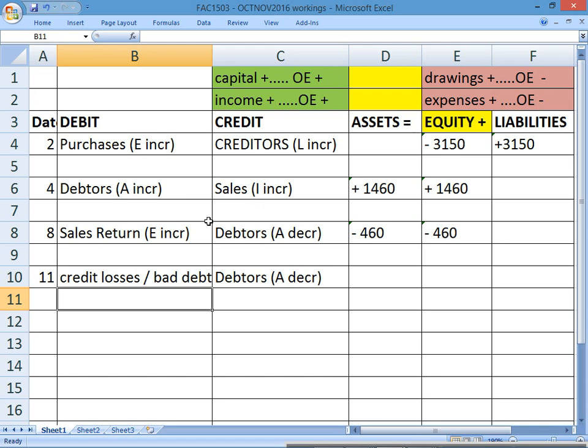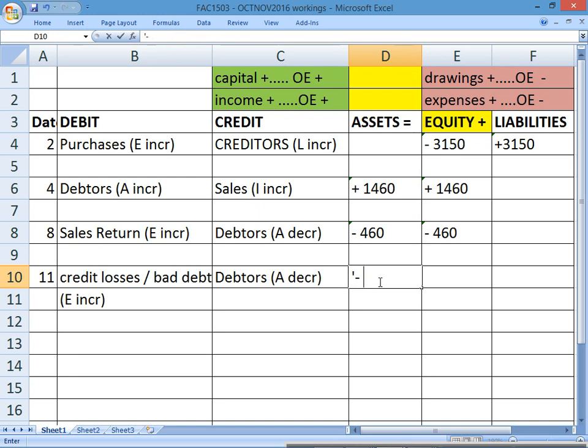You could now put credit losses or bad debt under which column? Expenses. Because now we've just spoken about another one. Later on we'll learn about it in detail. Right now, I'm telling you what it is. It can't change. Credit losses are credit losses are credit losses. Credit losses are expenses. Okay, so assets decrease here.